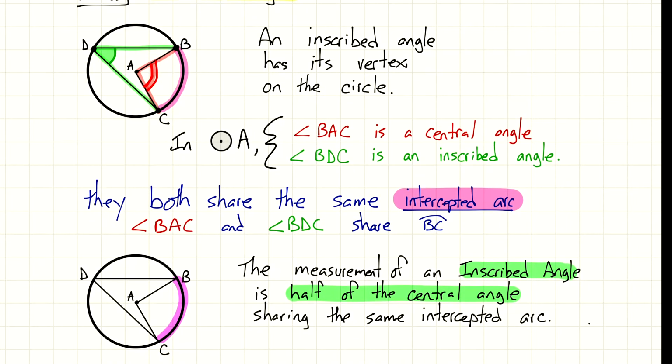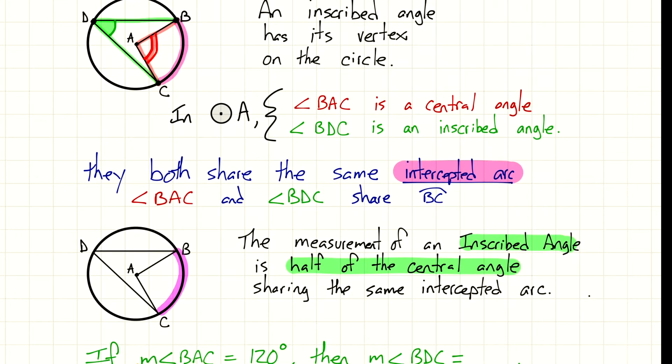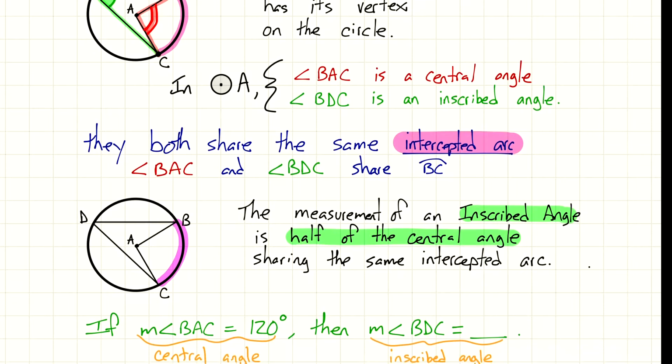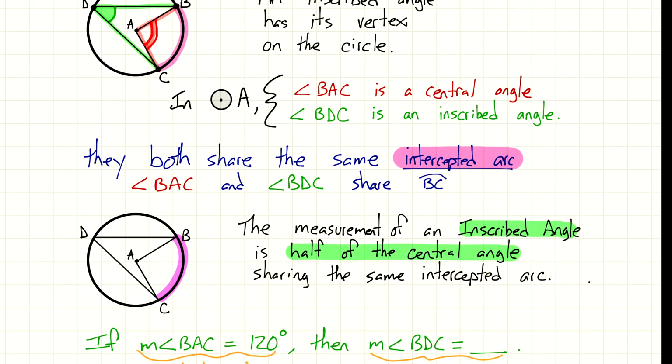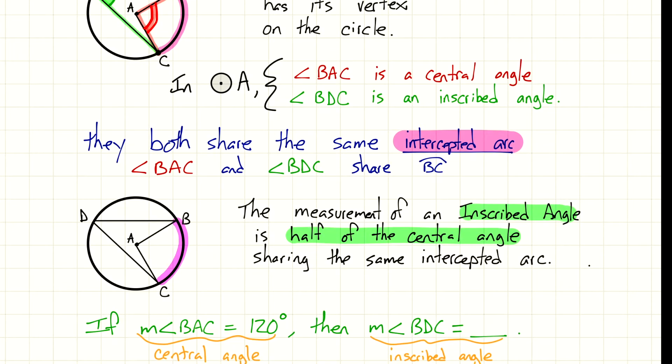So if I want to actually know the measurement of an inscribed angle, and this is BDC again, we're talking about angle BAC. If I say this is 120 degrees, I want to know what this angle measurement is.